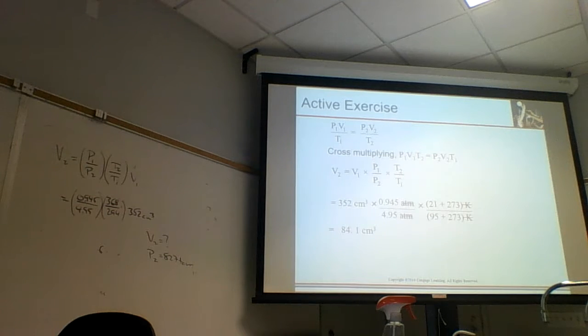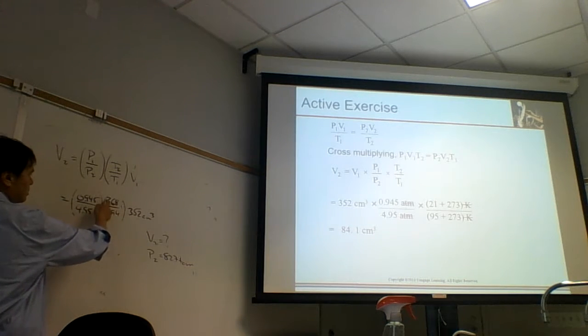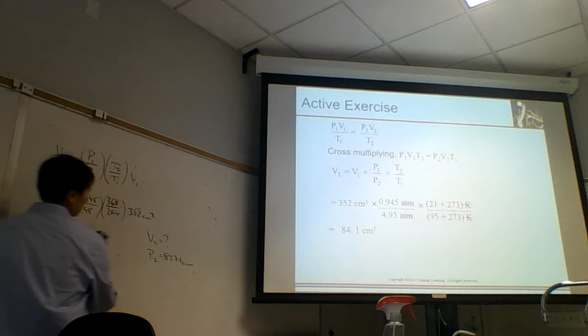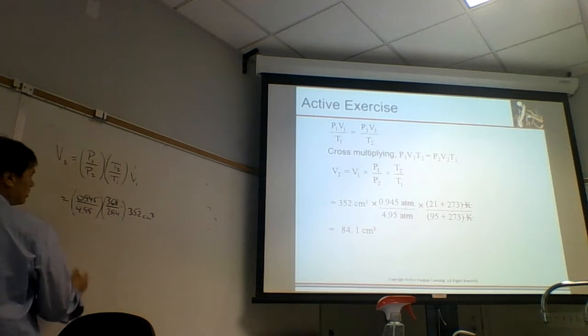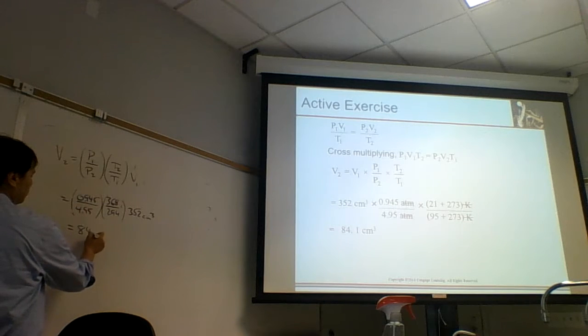Well, the pressure fraction won, obviously, because the volume decreased quite a bit. You know, this is a significant change in the pressure, so this should be a significant decrease, compared to this, which is not that significant in terms of temperature increase. But these two are going to have the opposite effect. So it comes out to 84.1.